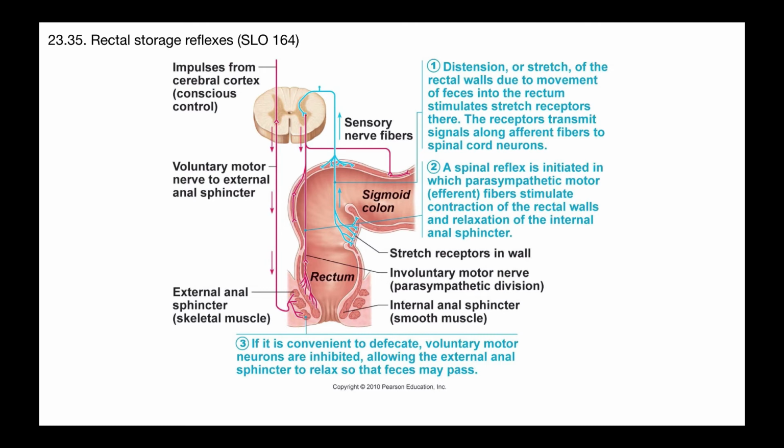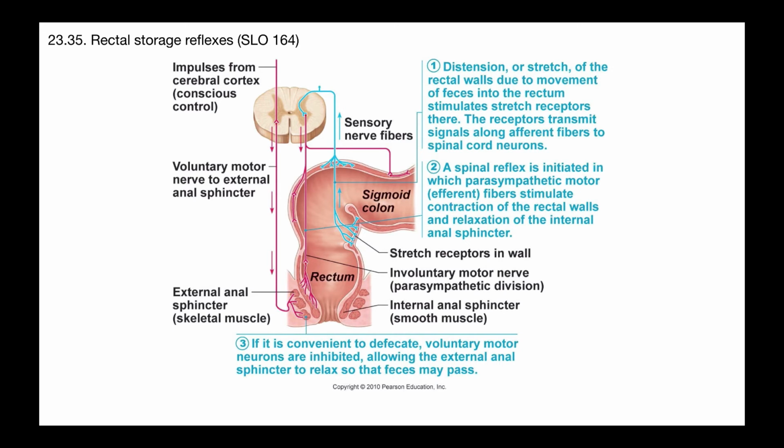The first contractions of the rectum actually happen basically as soon as the feces gets there, but then you get to veto this based on the impulses coming from your conscious control, the motor fibers that are regulating the external anal sphincter. If it is convenient to defecate, then you can allow it to happen.